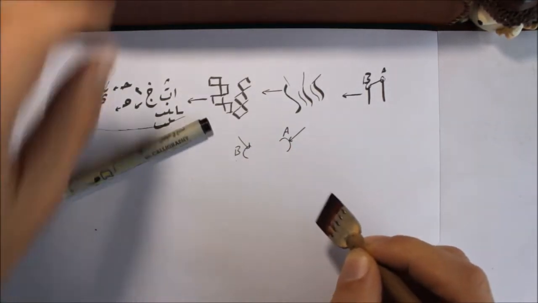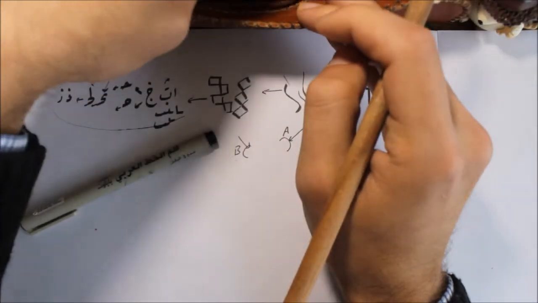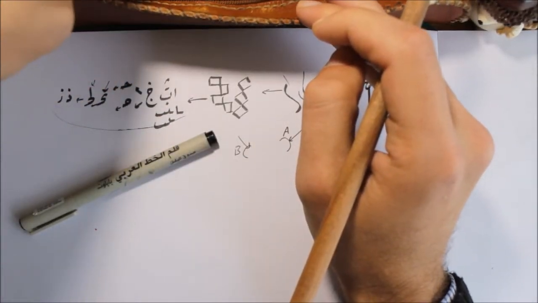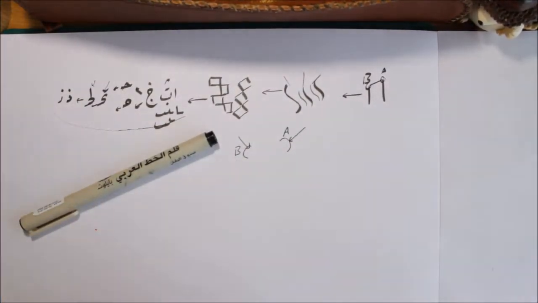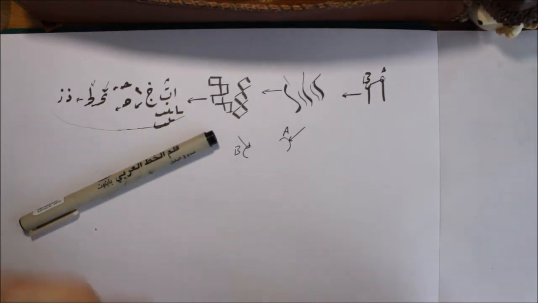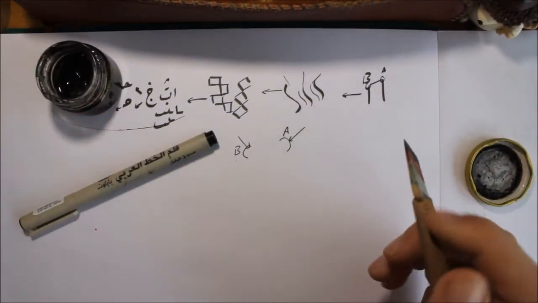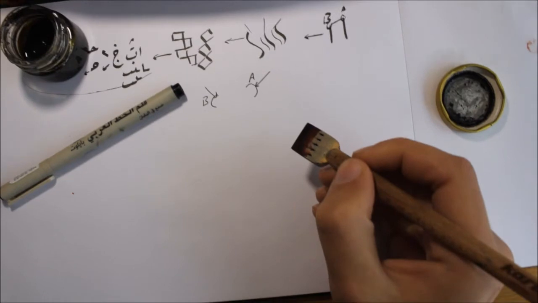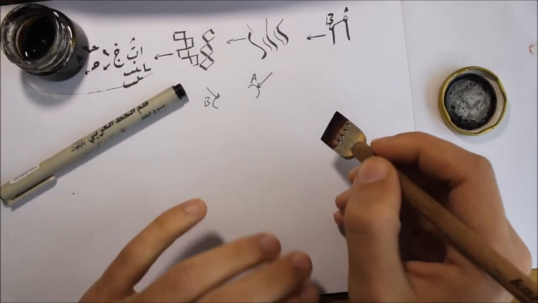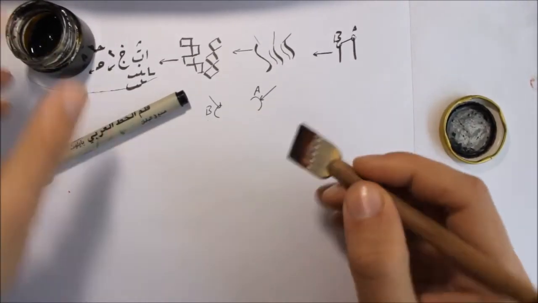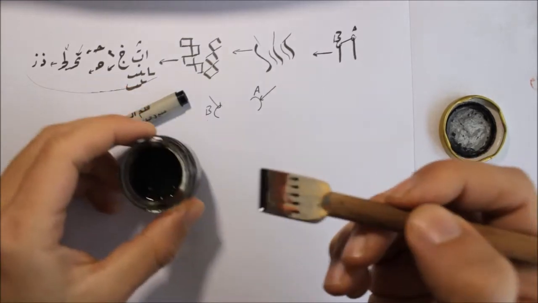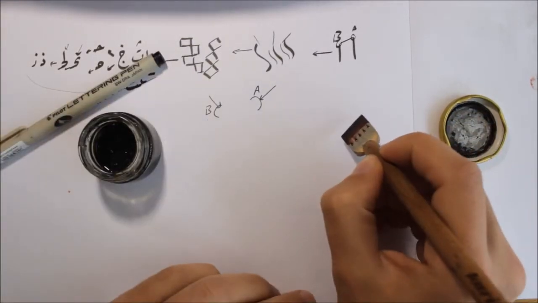So for example, we usually do some strokes as a start, just to get our heads around the angle of the pen. If we have a look here, we have several angles that we could hold the pen with.